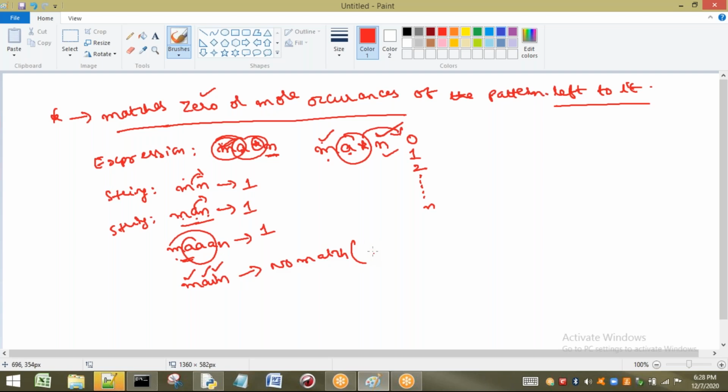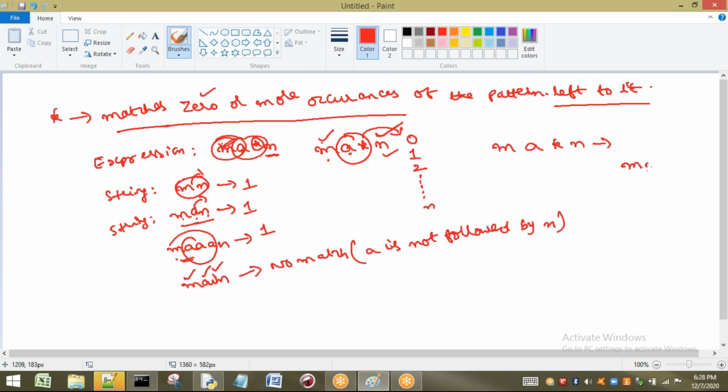Reason of this one is what? A is not followed by N. That is the reason. So once again I am repeating this concept. Listen. So MA star N I have written. The meaning of this one is I am going to search for this one in one string. So the string is what here I am taking? MN.